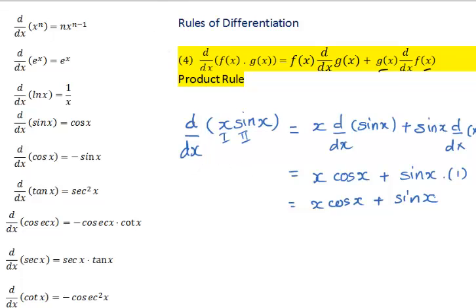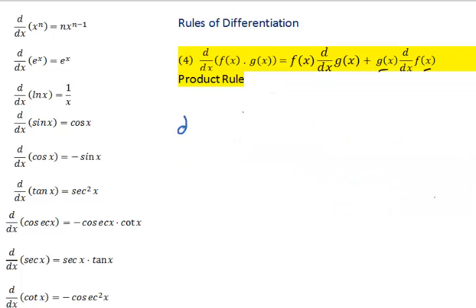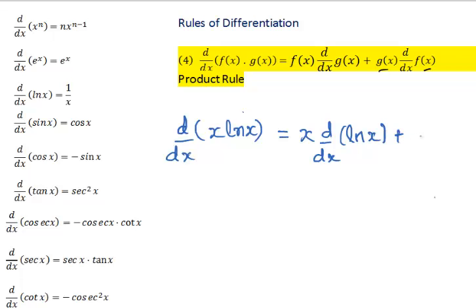Let's take another example. Suppose you have to differentiate a function which appears as x ln x. Then it would be x into differentiation of ln x plus ln x into differentiation of x using the product rule. Then you can apply differentiation of elementary functions here.